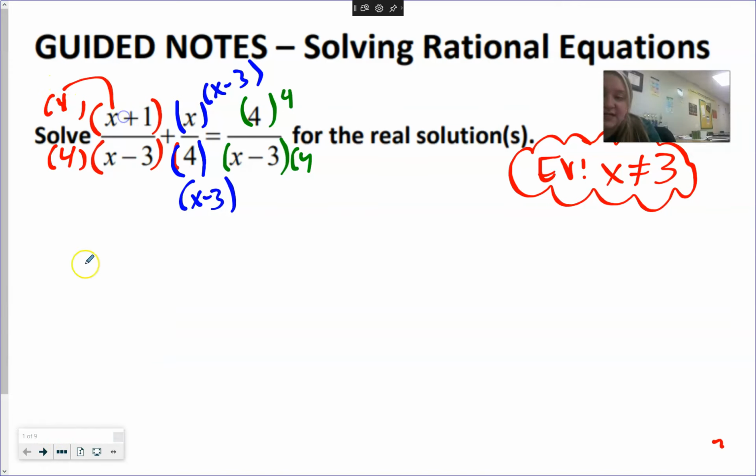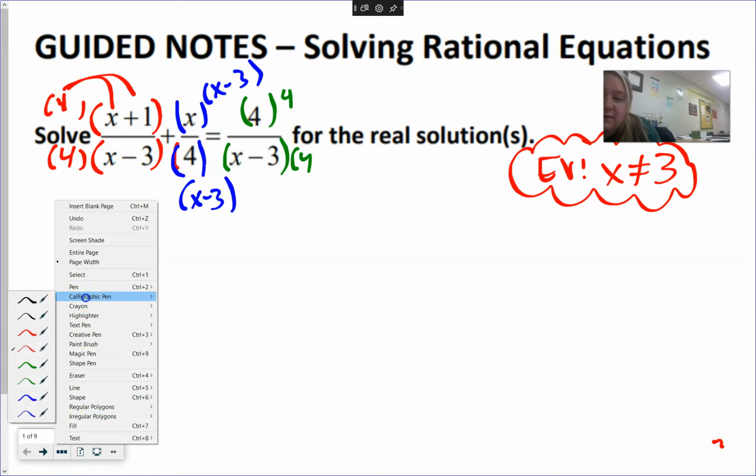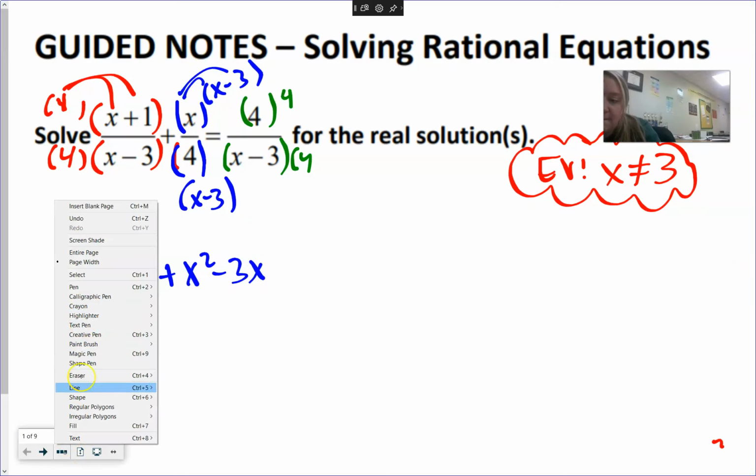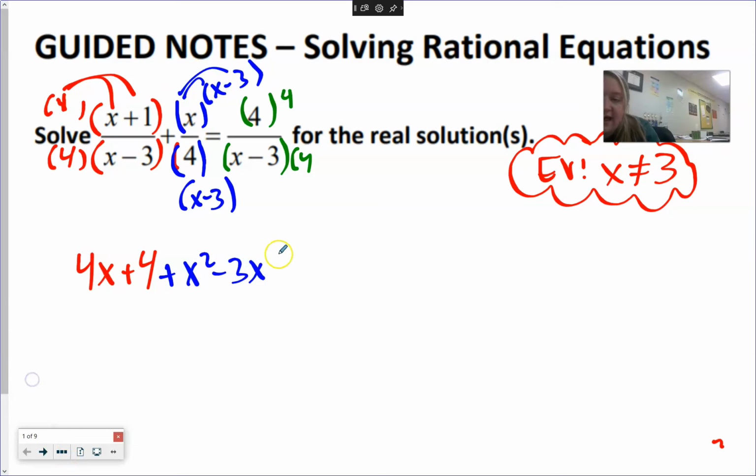Well, 4 times x is 4x, and 4 times 1 is positive 4. In the middle, we have positive x times x, which is going to be a positive x squared. And I have a positive x times negative 3, which is going to be negative 3x. Now I have my equal sign, and on the other side of it, we have 4 times 4, which is 16.